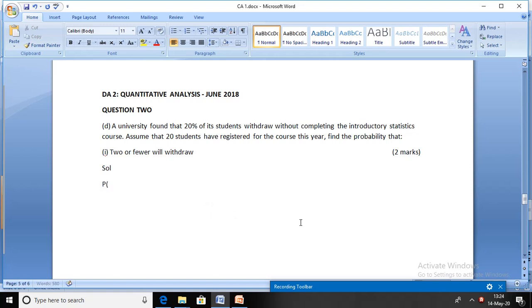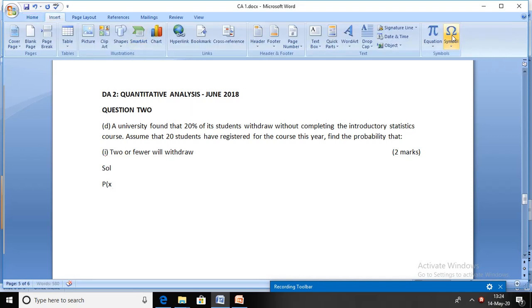We're looking at the probability of x being less than or equal to 2.